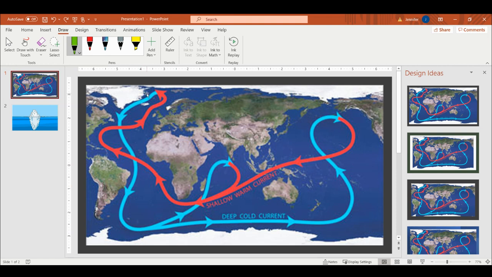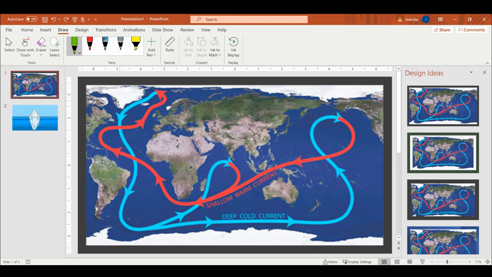So up here near Greenland and Iceland, up in the Arctic Ocean, the water gets up there warm, and it needs to dive down into the depths of the ocean. Well, we know the Arctic is covered with a lot of ice, as you can see in the picture.